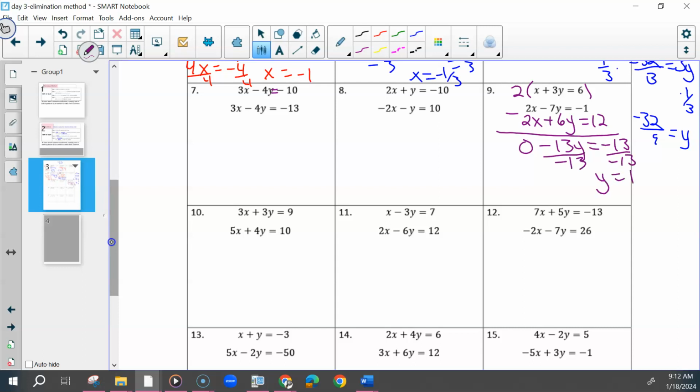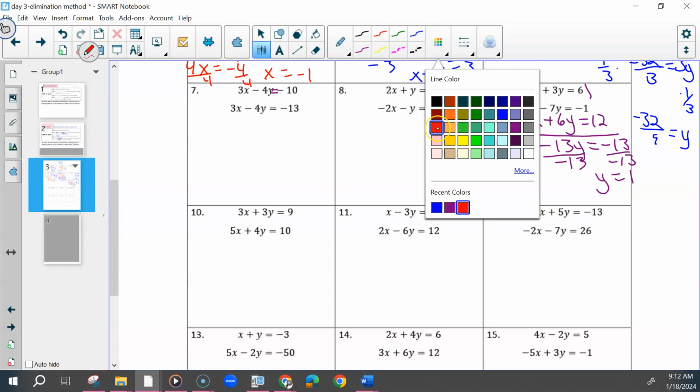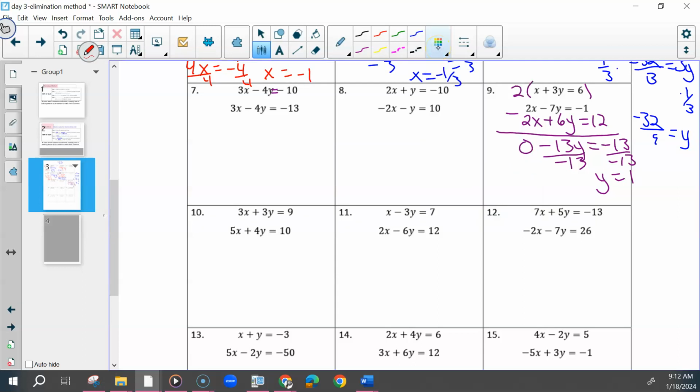Now you have 3 different choices, much like the one in number 5. Put that back into one of the equations and solve for x. I'm going to do this first original one. Solve for x, what do you get?